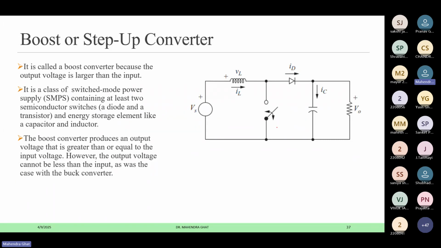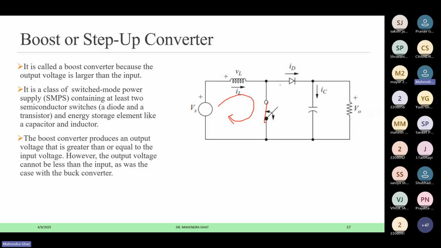When the switch is closed, the source is shorted through the inductor, and the current will always follow the low impedance path.